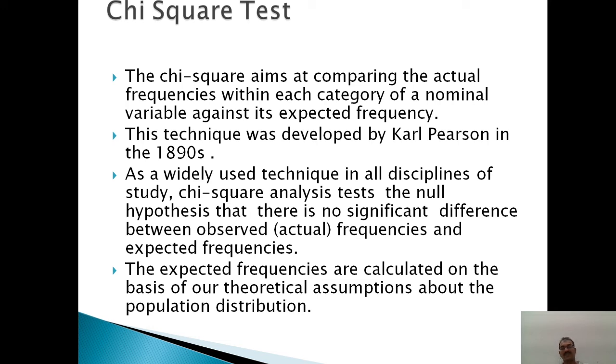As a widely used technique in all disciplines of study, chi-square analysis tests the null hypothesis that there is no significant difference between observed, that is actual, frequencies and expected frequencies.